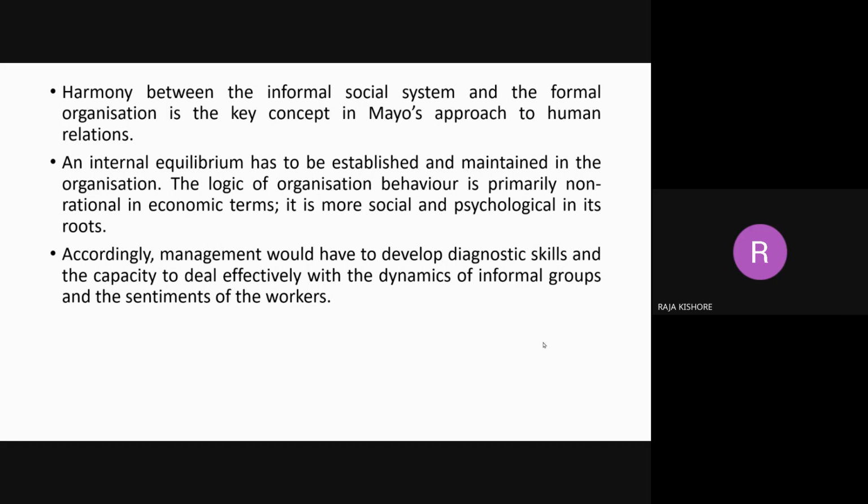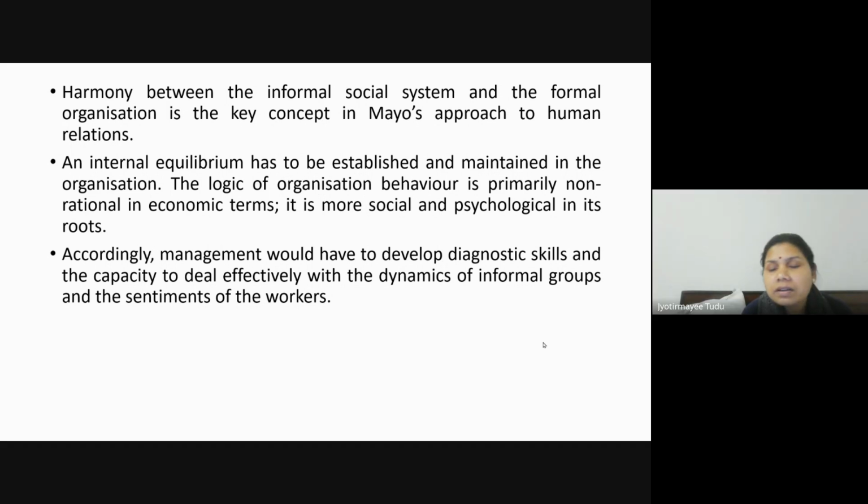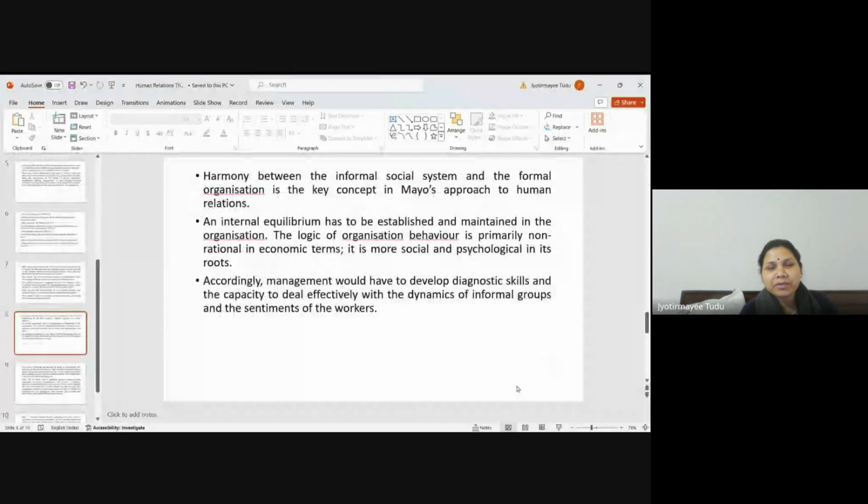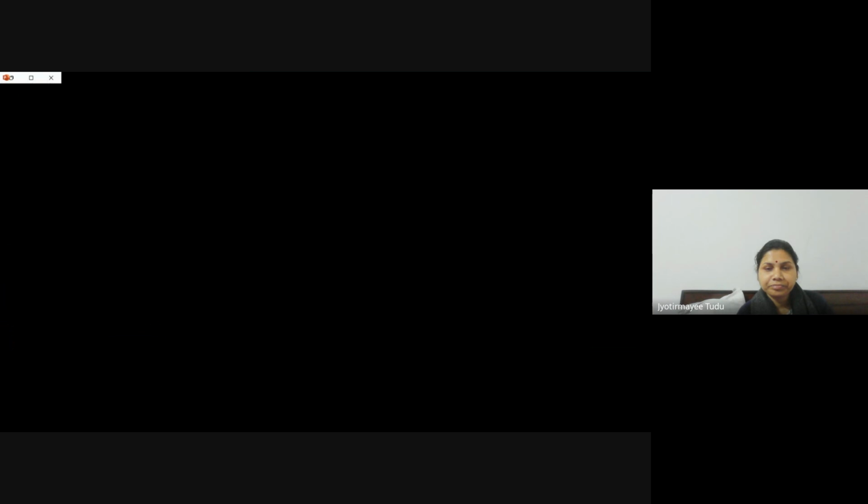Anyone saying anything? They are not muted, meaning they are not muting. Your voice is a bit low. Oh, what will I do? How many times will I say please mute? Who is not doing that? Please mute.